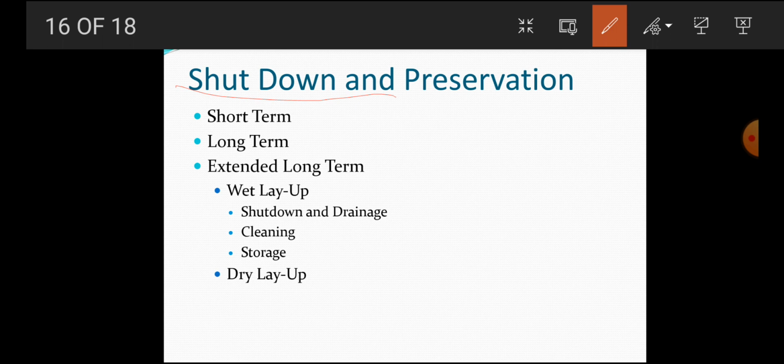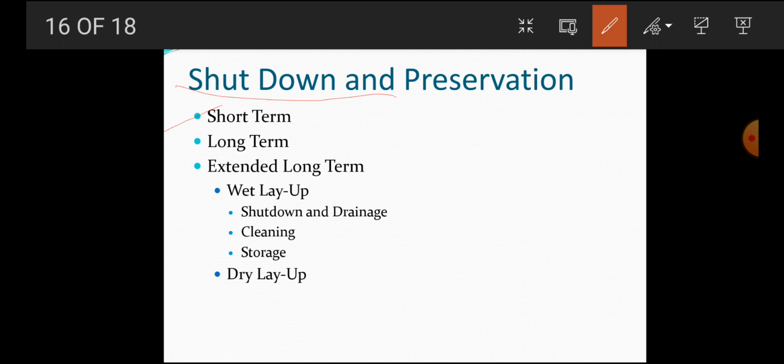So first is short term. If we intend to shut our boiler down for a period not to exceed 3 days, so less than 3 days, you may simply turn off the power, close the valves, and leave the water at the normal operating level without further preparation.